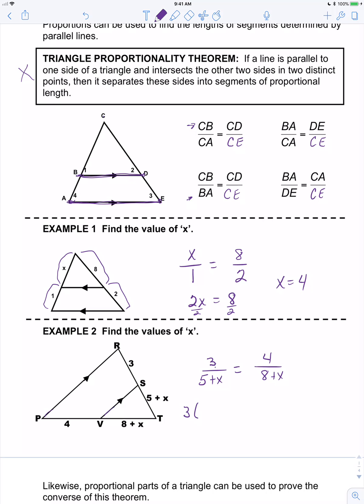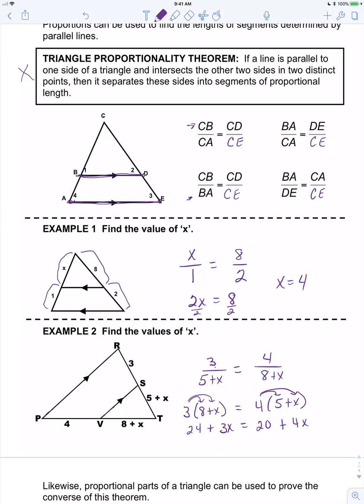So 3 times the 8 plus x is equal to the 4 times the 5 plus x. And remember, you have to distribute that 3 to everything inside those parentheses. So 24 plus 3x is equal to, distributing that 4 to everything inside those parentheses, 20 plus 4x.